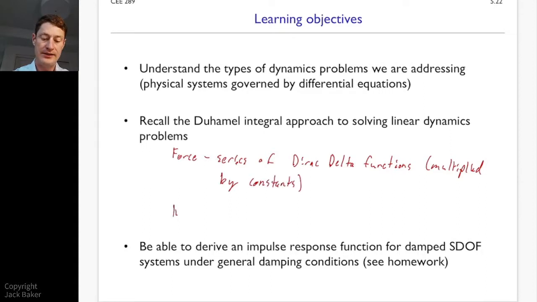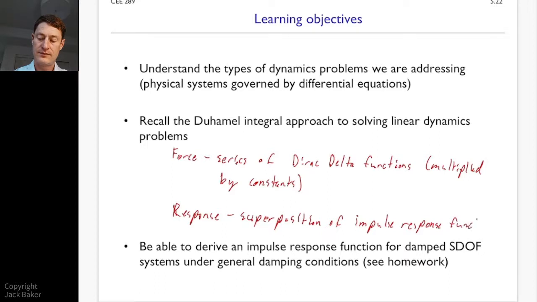And then the response is going to be a superposition of impulse response functions. And we went through in our videos how to derive one of those impulse response functions.